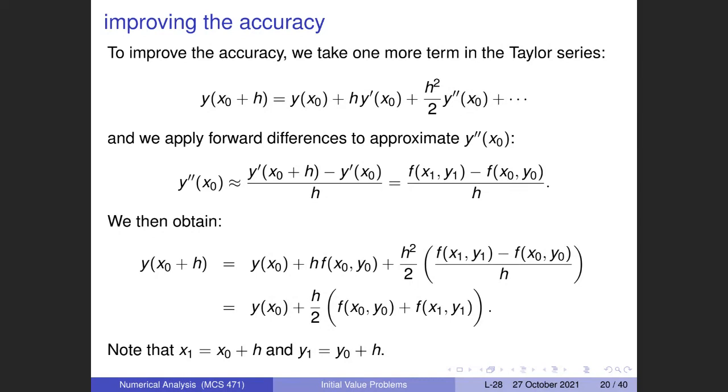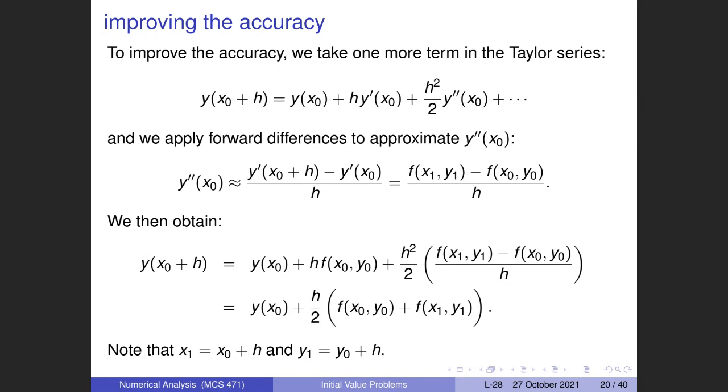we apply the general equation forward for the derivative. So I'm sorry, we have the y prime. So we fill this in. x naught plus h is x1.